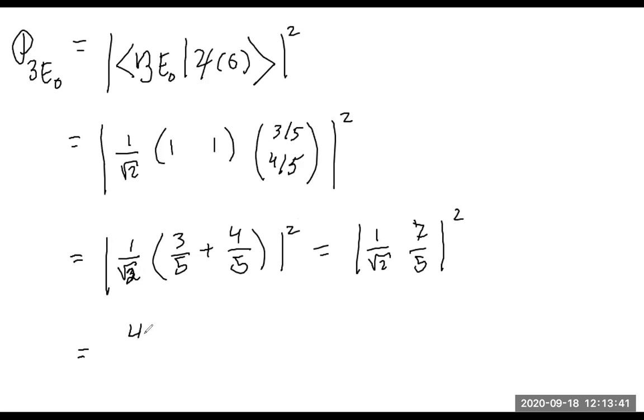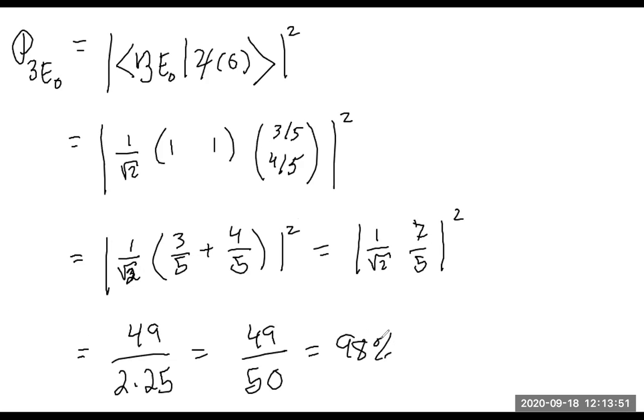This becomes 49 over 2 times 25, or 49 over 50. And this is indeed 98%, as expected. So fortunately, these two probabilities add up to 100%, which is good because of the only two energy levels I have, the particle has to have one of them. So this is the end of part A.